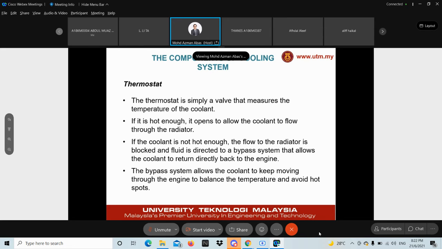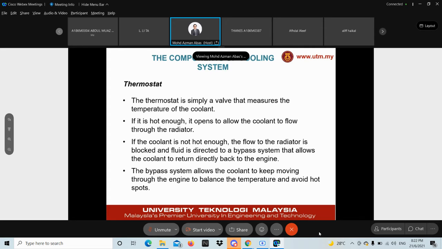The thermostat is actually another important function in a cooling system. It is simply a valve that measures the temperature of the coolant. If it's hot enough, it opens to allow the coolant to flow through the radiator so that the heat in the coolant can escape from the engine.